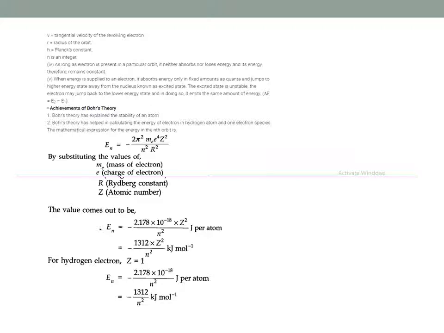And this value of En comes out to be minus 1312 into Z square divided by n square kilojoule per mole. For hydrogen, Z is equal to 1. So En is equal to minus 1312 by n square kilojoule per mole.